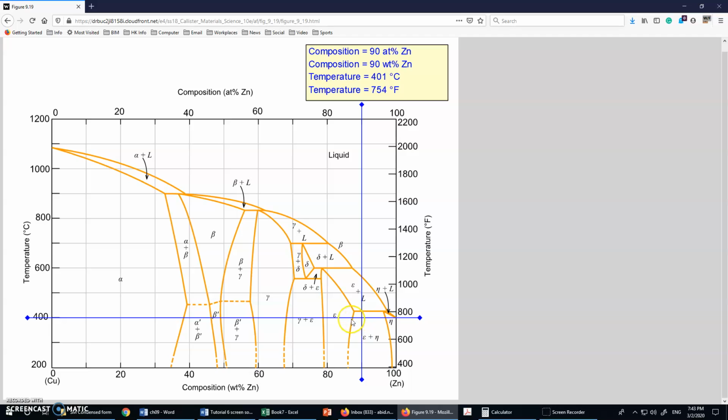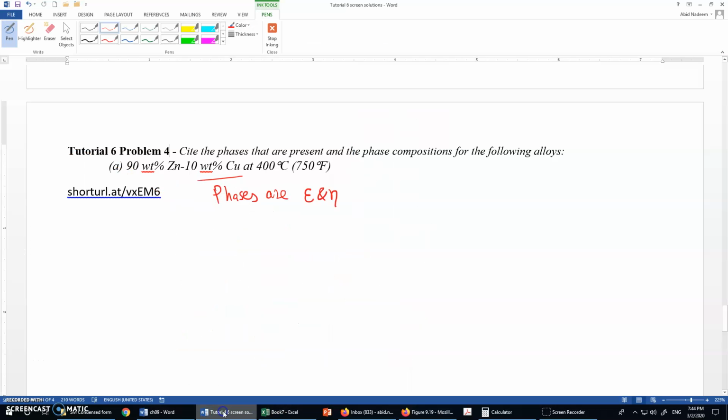This tie line is intersecting the epsilon, epsilon eta boundary over here, and on the other side, on the right hand side, it is intersecting here. So I can see that the phase composition for epsilon is about 87%.